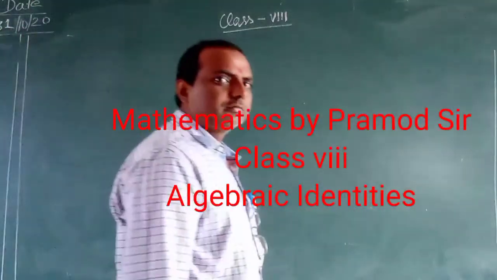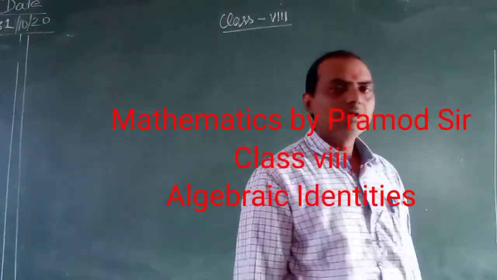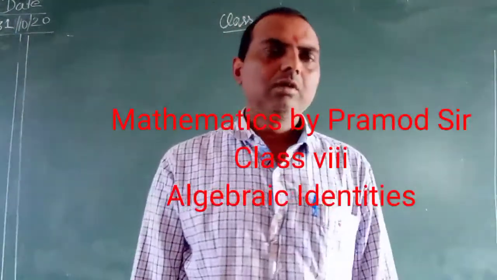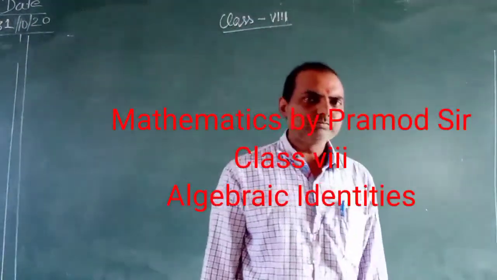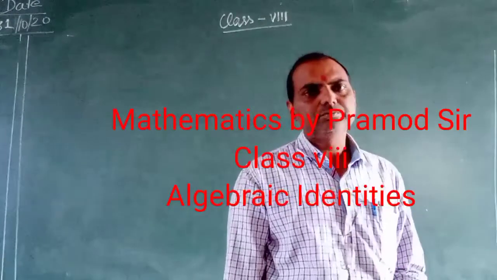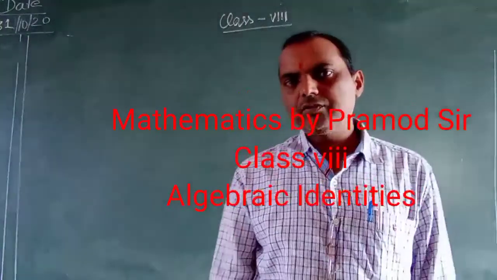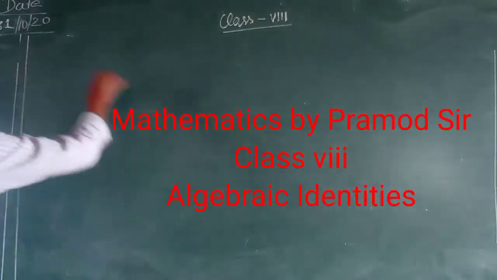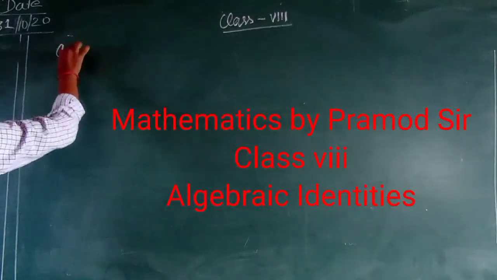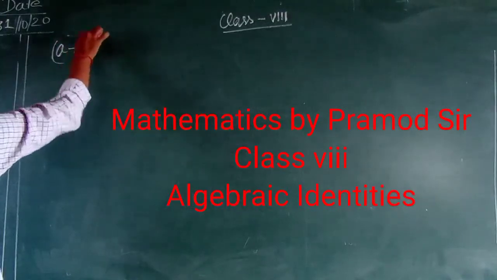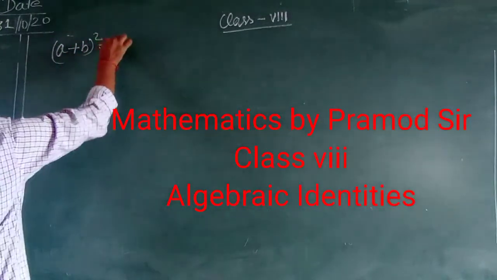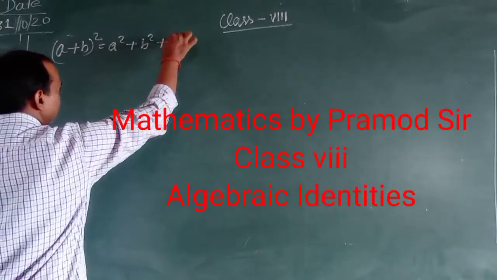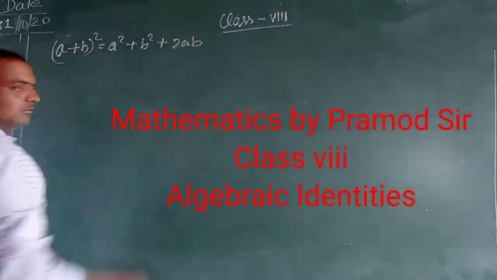My students, now see some identities which we have to use and solve some applications. At first, see (a plus b) whole square. It is a square plus b square plus 2ab.